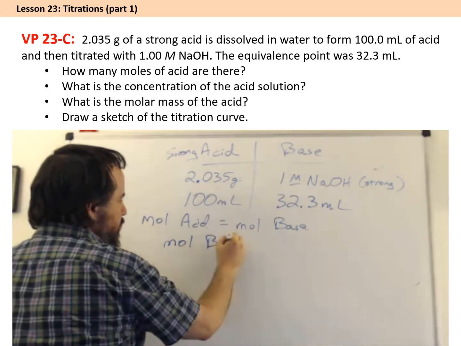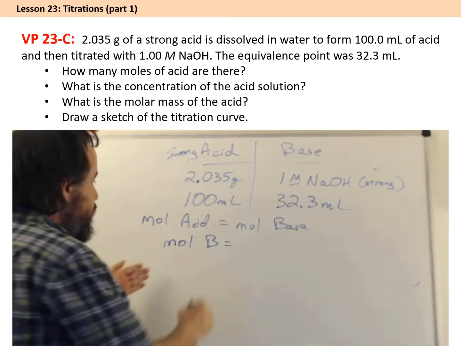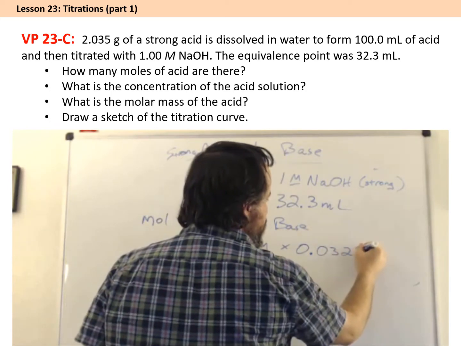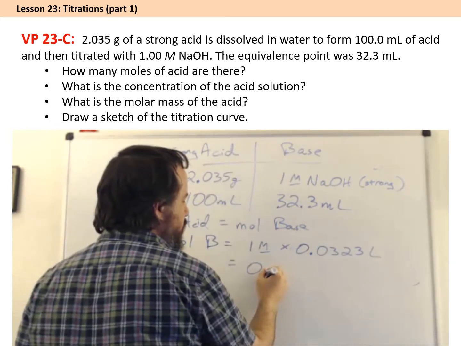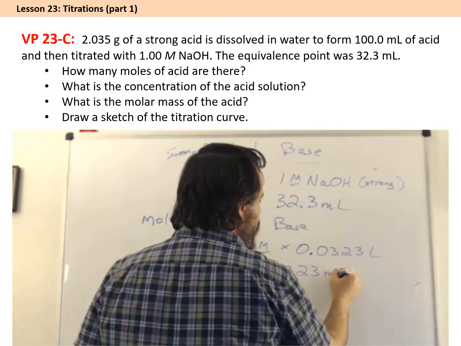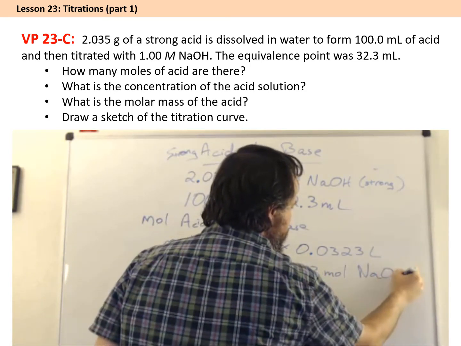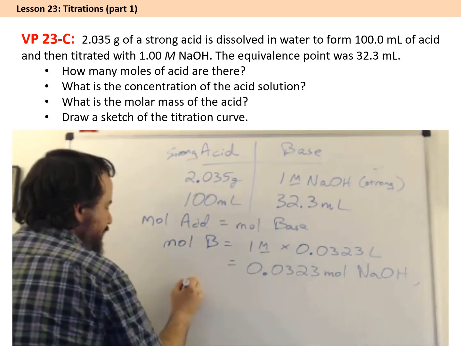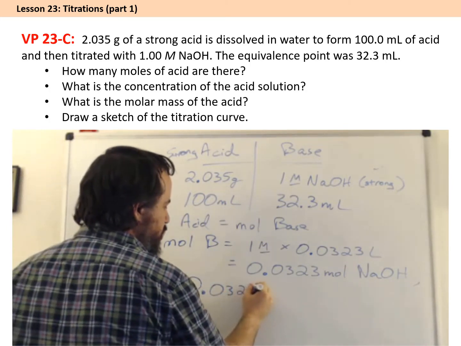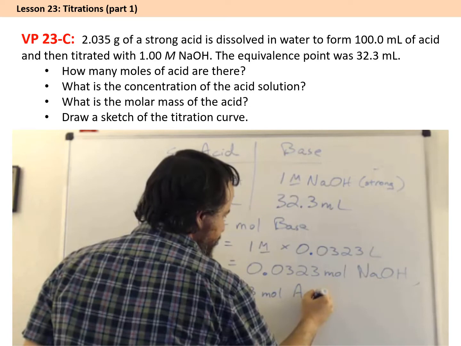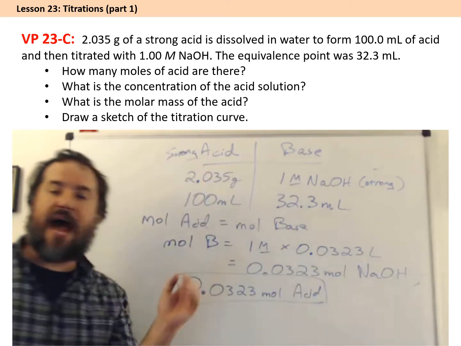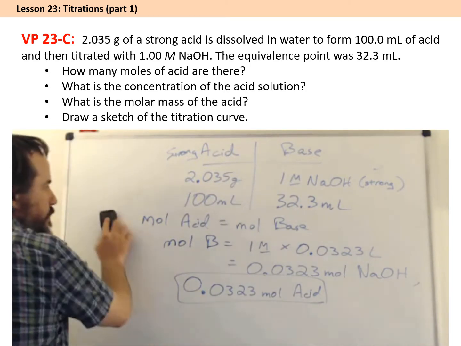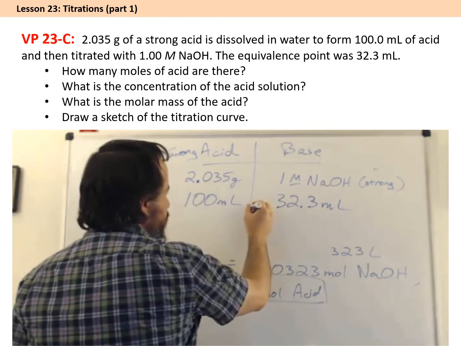So moles base equals the concentration times the number of liters. That's going to be 0.0323 moles NaOH. Okay? Seeing that moles acid equals moles base at the equivalence point, that means I have 0.0323 moles of my acid. Okay? I use the fact that at the equivalence point, moles acid equals moles base. Okay? All right, let's go ahead and write that up here.